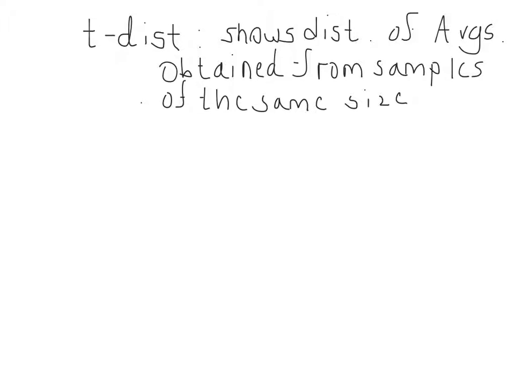Well, in one sample of size 2, we might get two very short people that have an average of 4 feet. In another sample of 2, we might get two very tall people that have an average of, say, 7 feet.